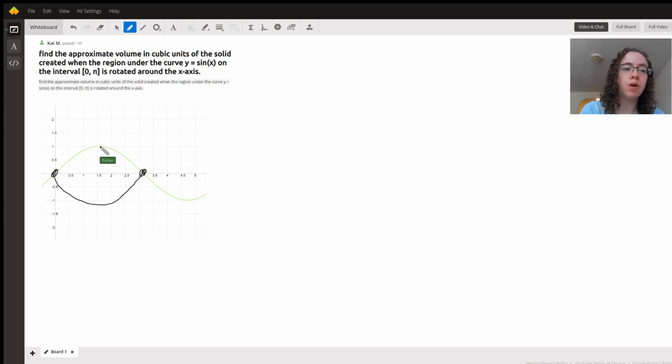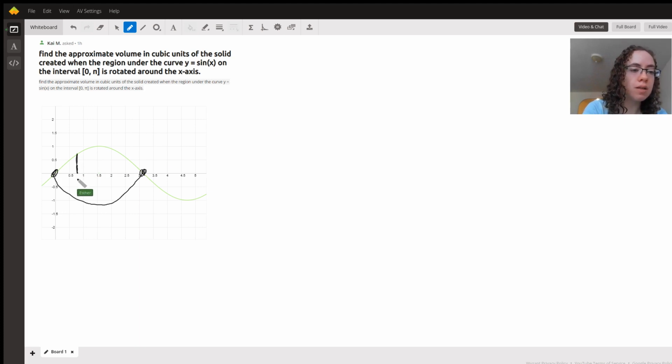So let's actually look at what happens here. For example, I'll take a representative slice here. This has height 1. And notice as we rotate about the x-axis, we sweep out a circle of radius 1. More generally, I can indicate my circles as a function of position x.